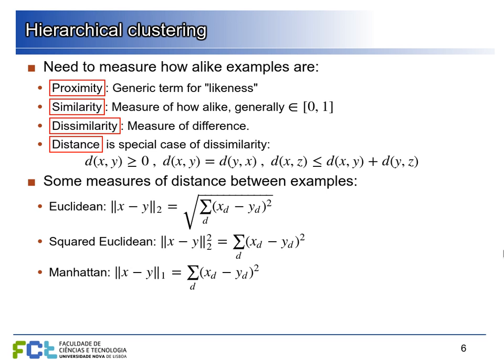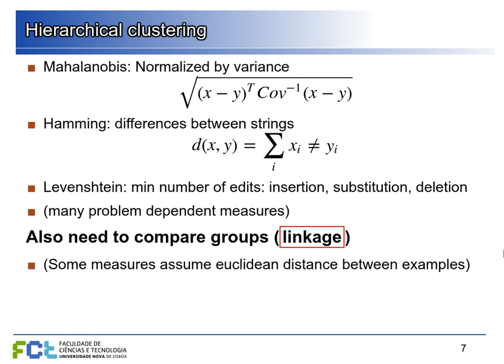So the distance between 2 points cannot be larger than some other path from one point to the other. So if you have a measure of dissimilarity that conforms to these constraints, then it's a distance measure. Some measures of distance often used are those in the Minkowski distance space. We have Euclidean distance, we have squared Euclidean distance, Manhattan, and so on. So all of these respect those constraints and are distances.